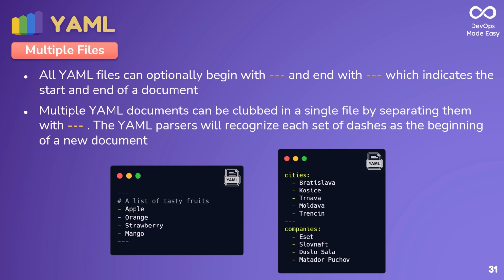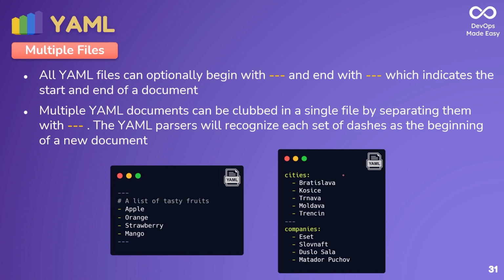Now coming to the other part in the YAML series, which is multiple files. I can have multiple documents defined in the same YAML file by separating them with three hyphens. This part becomes one YAML document, and this part becomes another.